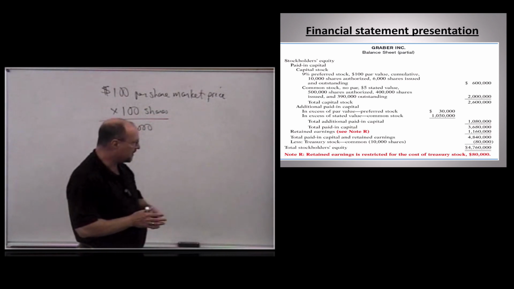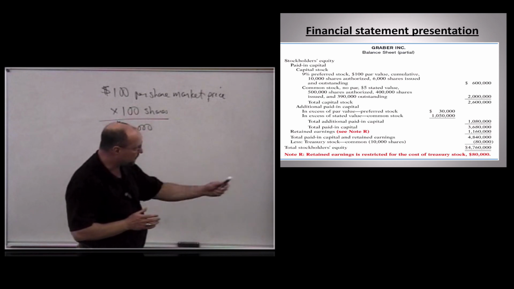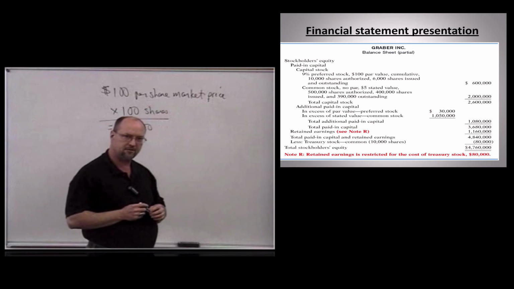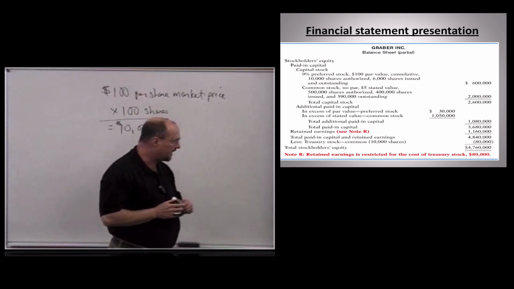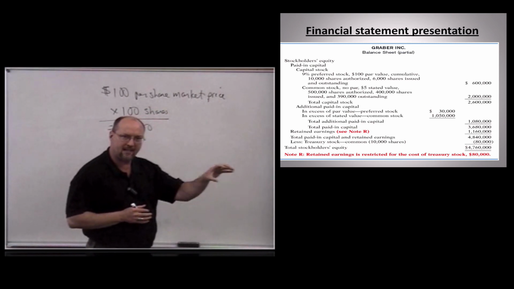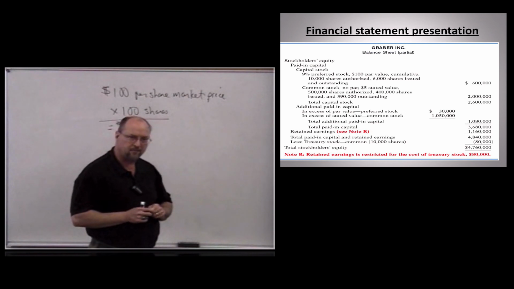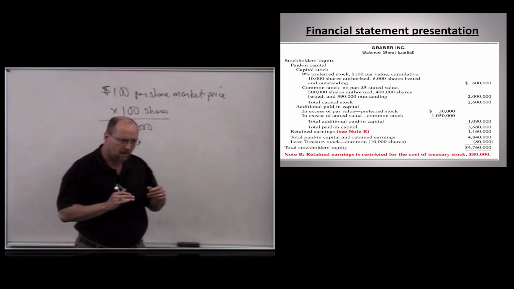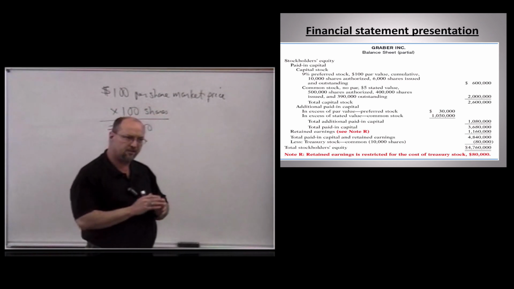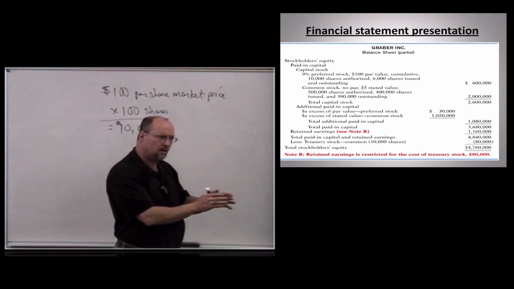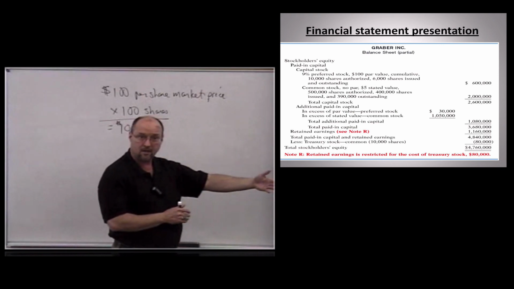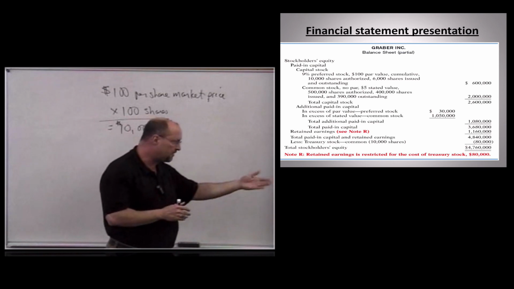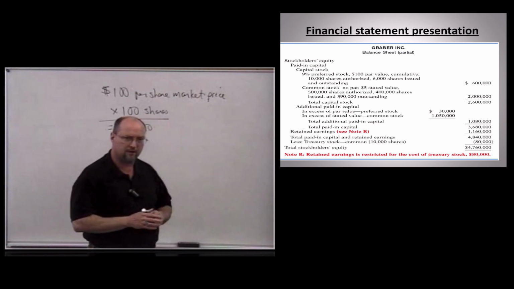In this particular example, they're giving us a little footnote saying that they have a restriction on part of retained earnings. That means the restricted retained earnings we can't pay back to the stockholders as a dividend. Sometimes companies will have restrictions, also called appropriated retained earnings, which means you're setting some money aside either for some sort of future expansion or because a loan provision or loan contract requires it, or in this case, they set it aside related to treasury stock.